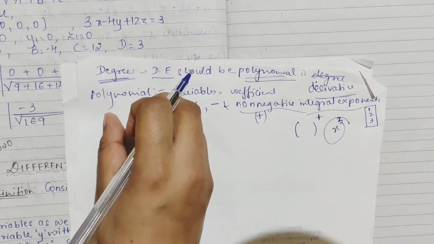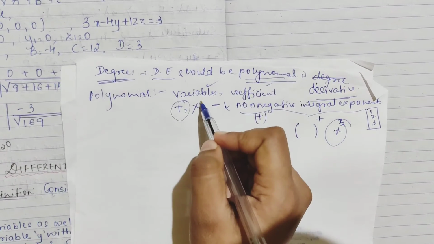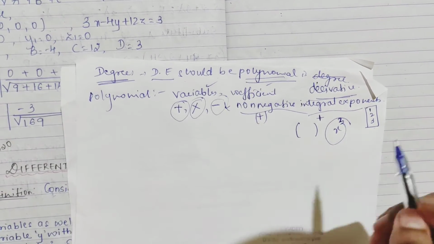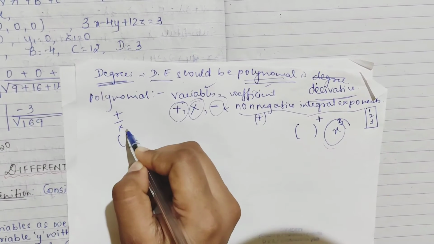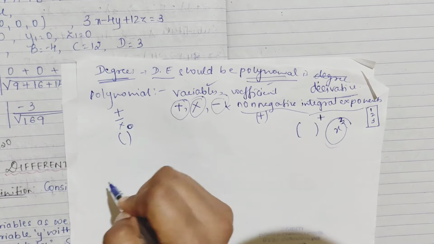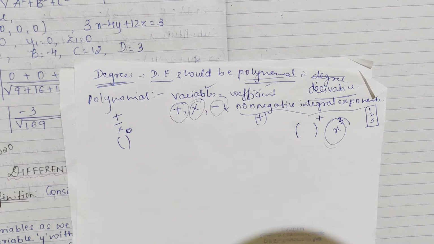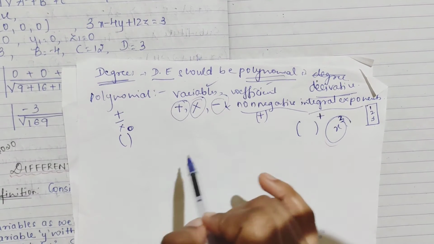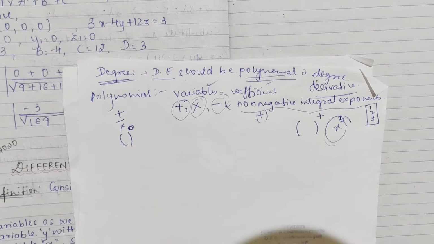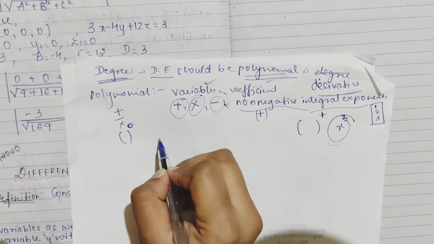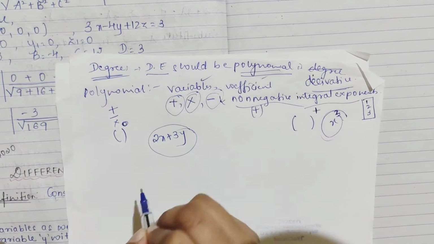This whole part is called a polynomial: variables and coefficients, with only addition, subtraction, multiplication, and anything raised to a power. If a differential equation involves such a polynomial, then you can find its degree.